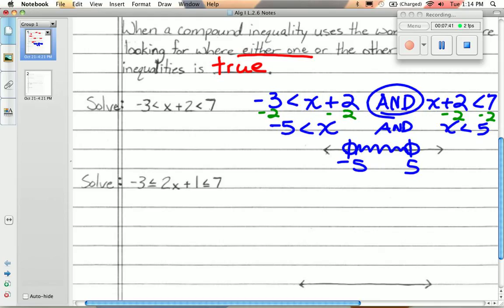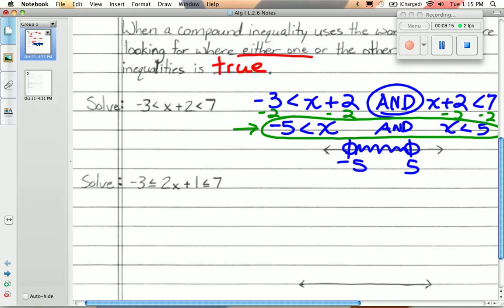This is probably not how you would see the inequality solution in an answer bank. They're going to bring that back together and write it as a compound inequality without the word and in it. So you have to bring this back together.